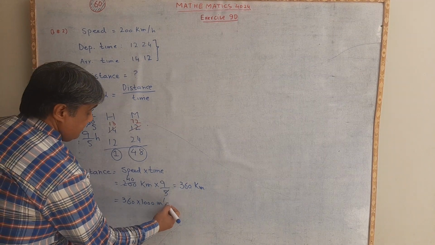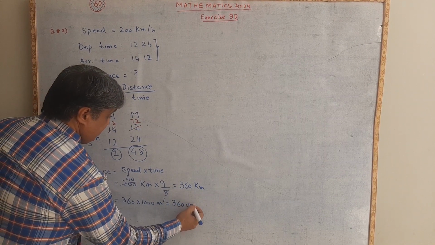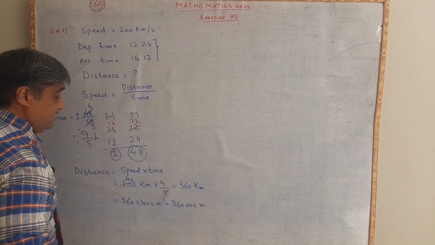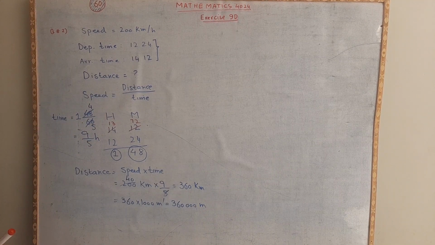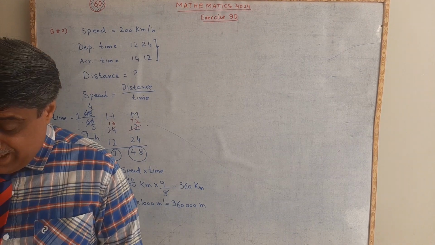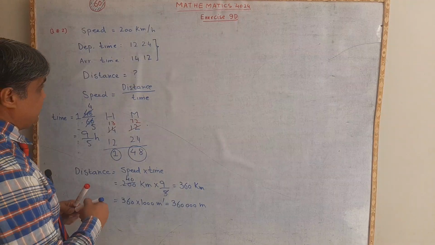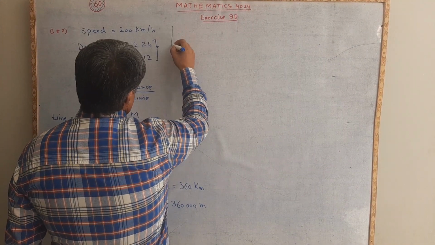So it means that 360,000 meter is the distance this bullet, a high speed train, will cover. Okay, that was the whole story about this question.